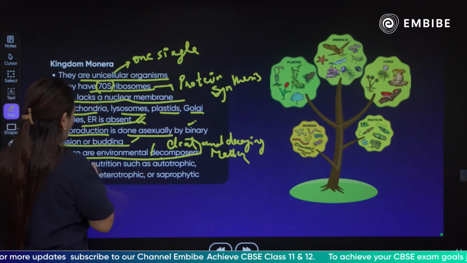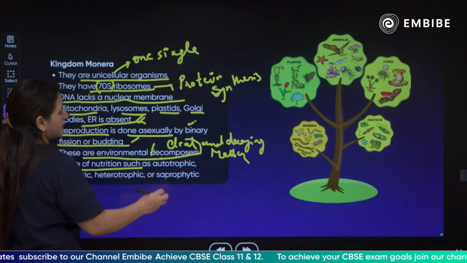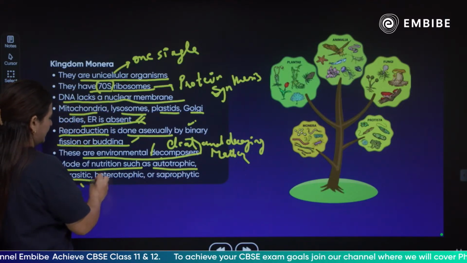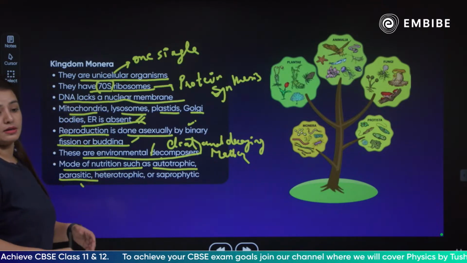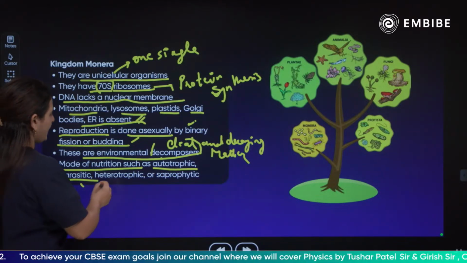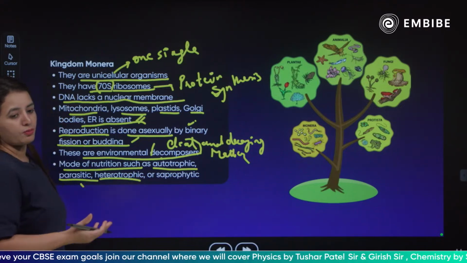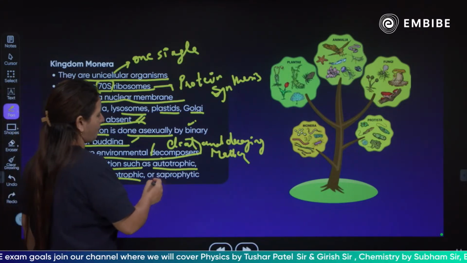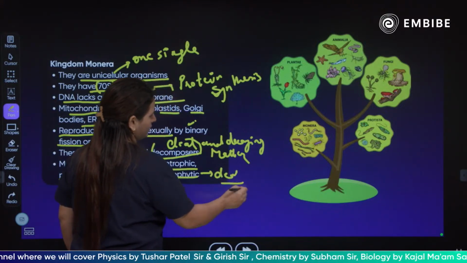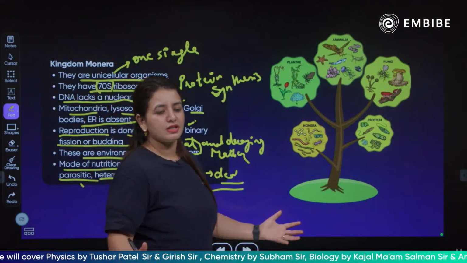Mode of nutrition: how do they obtain their food? They can be autotrophic because they are pigmented. They can be parasitic, existing on a host, any other living organism. They can be heterotrophic, obtaining food from other organisms, and can be saprophytic, existing on the dead. So the mode of nutrition is several.